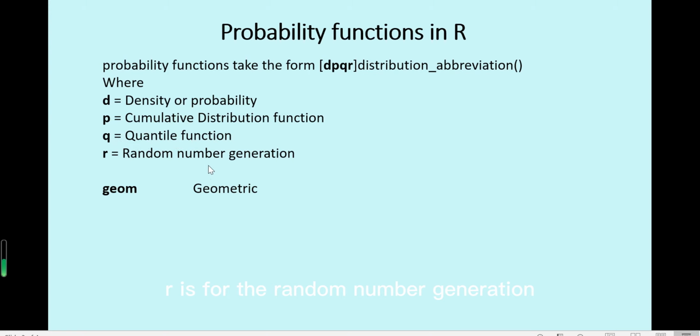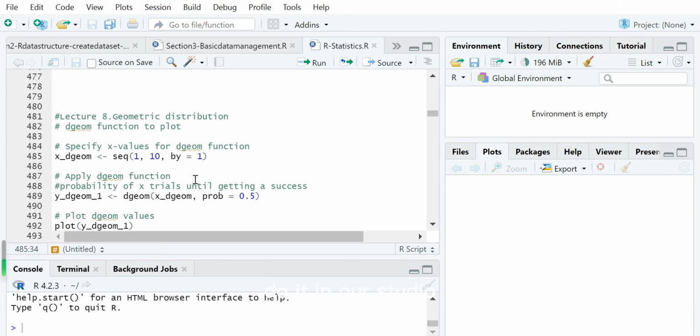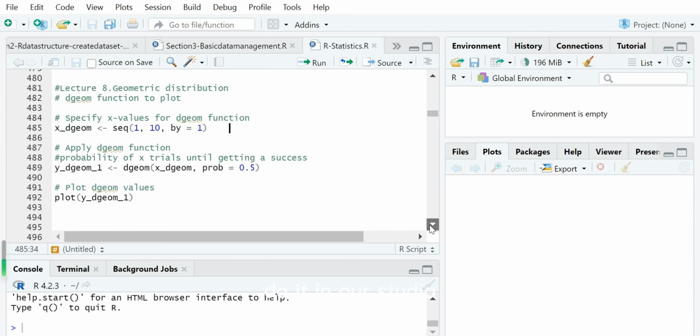R is for random number generation. This dpqr applies to all probability functions in R, for any other distribution too. For the geometric, we add geom as the distribution abbreviation. Next we will show how to do it in RStudio.